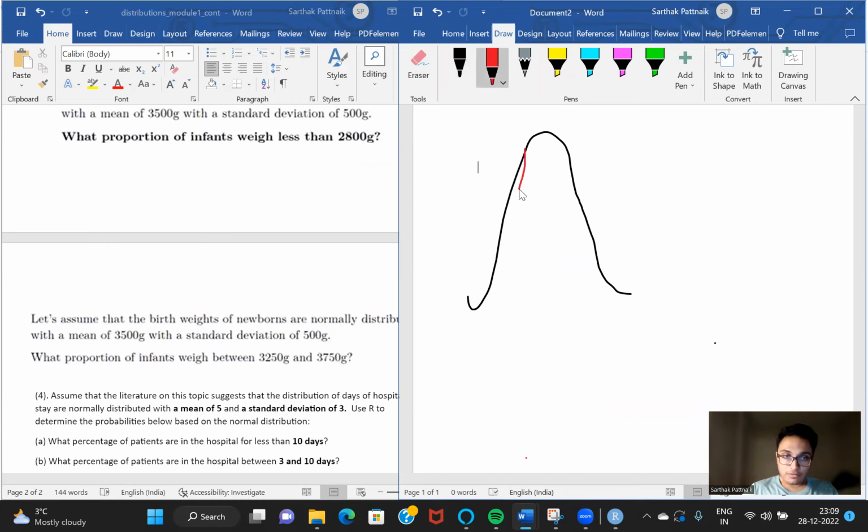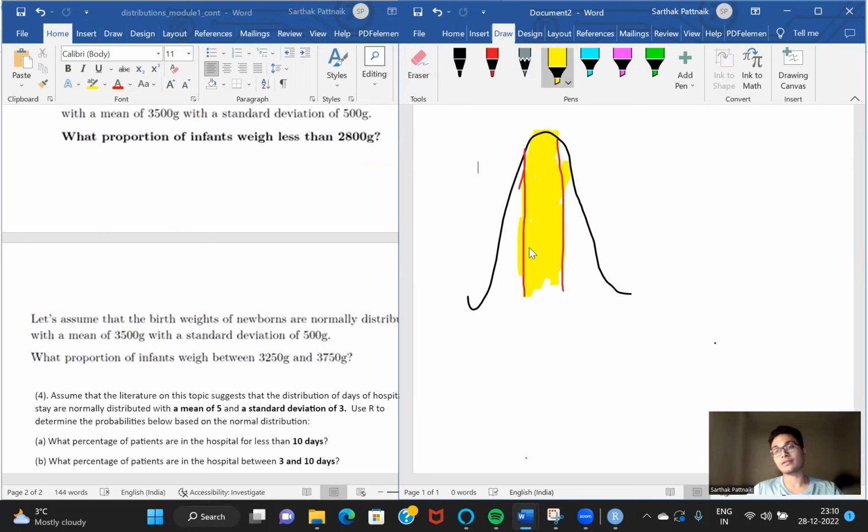Now, this is where your mean is, 3,500. So 3,250 will lie somewhere here, and 3,750 will lie somewhere here. We need to find this area, the area that is shaded in yellow.